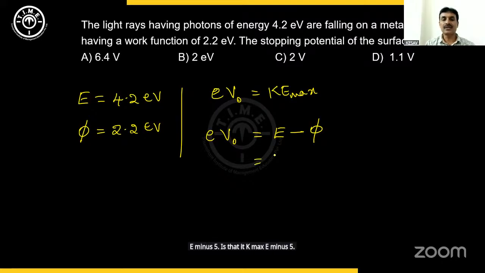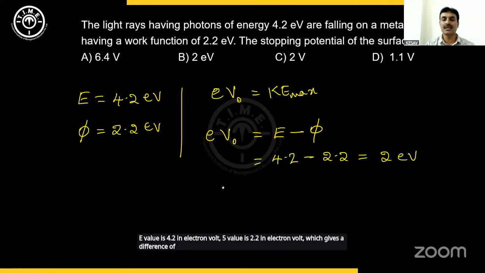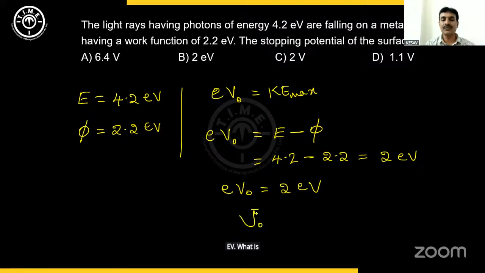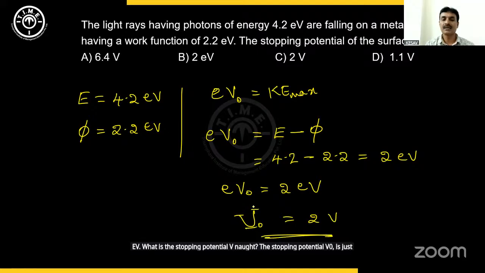E value is 4.2 in electron volt, phi value is 2.2 in electron volt, which gives a difference of 2 electron volt. That means eV0 is 2 eV. What is the stopping potential V0? The stopping potential V0 is just 2 volt. Okay, the stopping potential is denoted by V0.